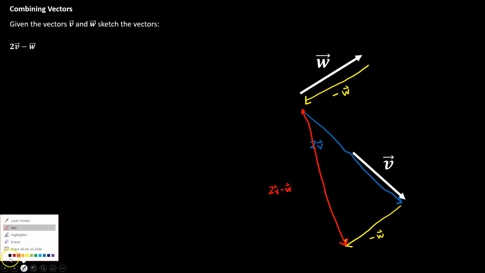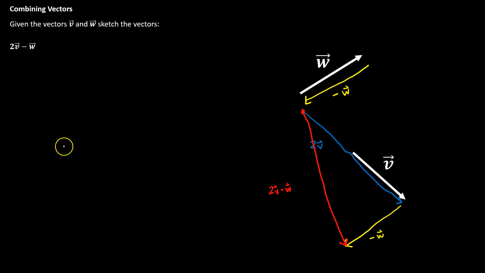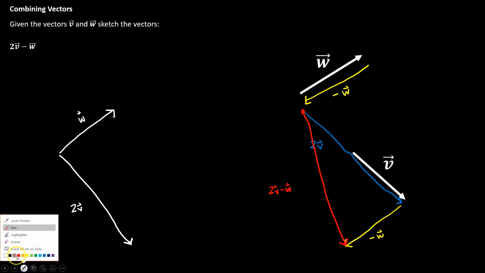If we wanted to do the shortcut, then I would take w and 2v, and I would align them to where they have the same initial point. This is just a rough sketch, it doesn't have to be perfect here. And then I would do the tip to tip vector to do the vector subtraction.